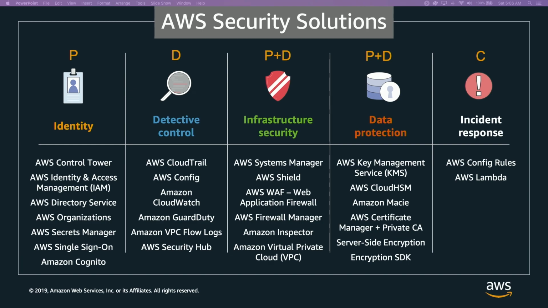A big part that I mentioned earlier around identity and access management is making sure that you have centralized management of your environment and your users. AWS Organizations is an excellent tool for enabling that centralized management and governance of your AWS accounts. It also, with the use of service control policies, allows you to automate to some extent your infrastructure security.